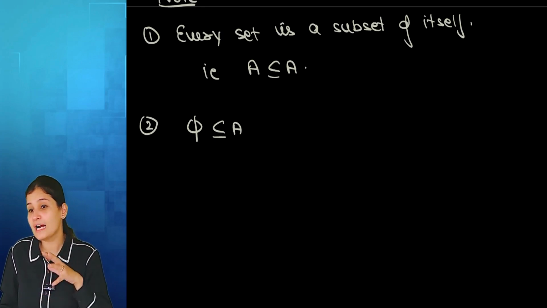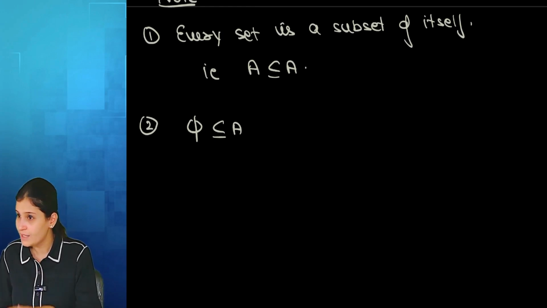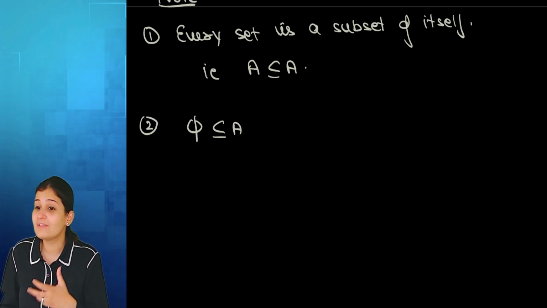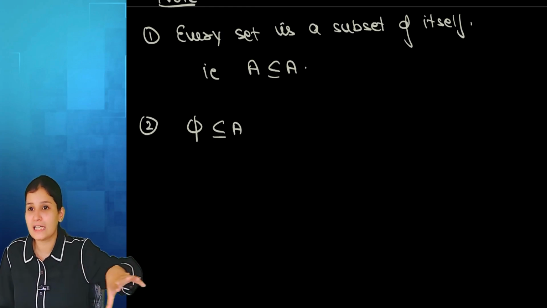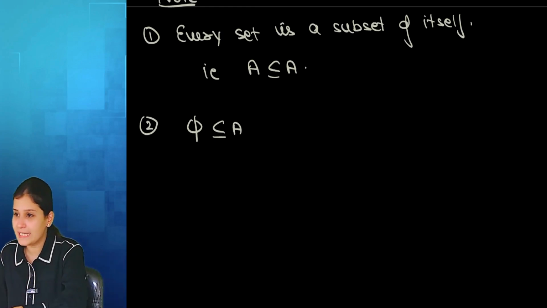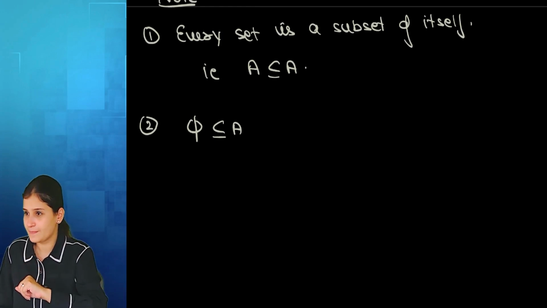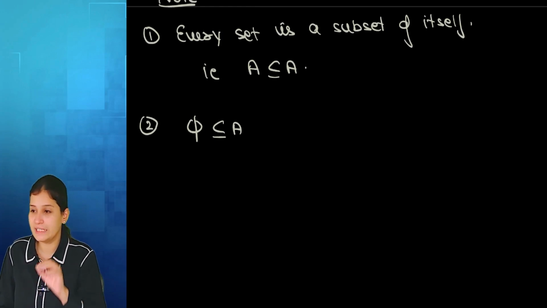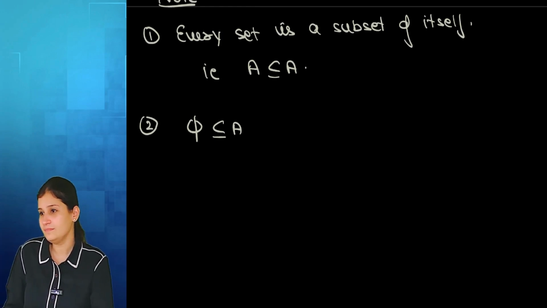So whenever you can't back your no with an example, by default, it becomes a yes. So here, since null set does not have an element, you can't give an example. See, there was one in null set and that one is not present in A, so it is not a subset. Since we can't give an example, that's why by default, it becomes a subset.